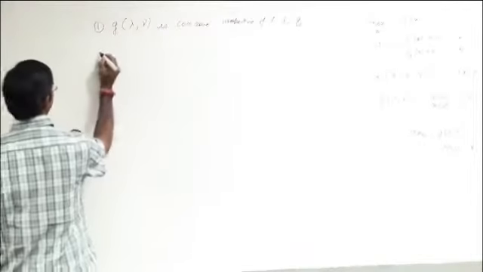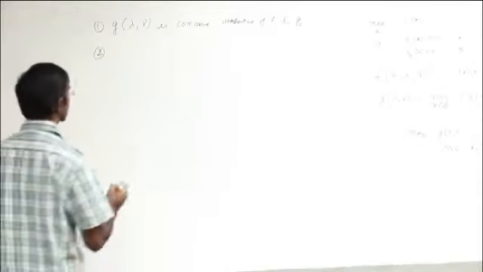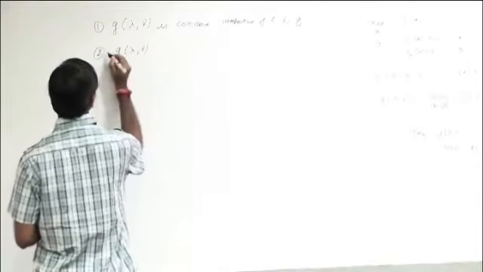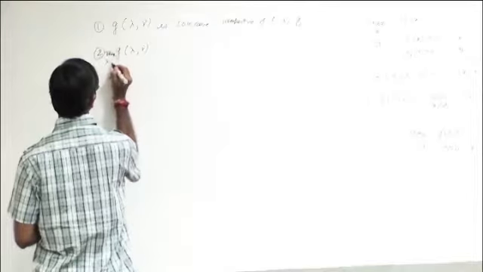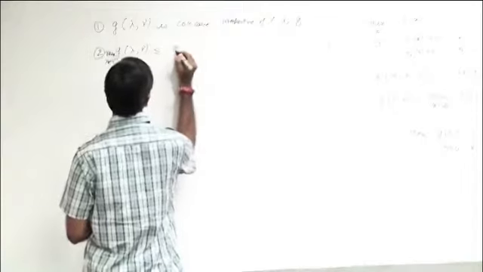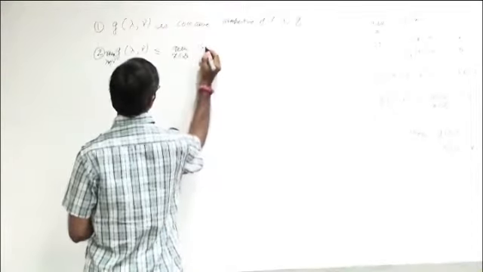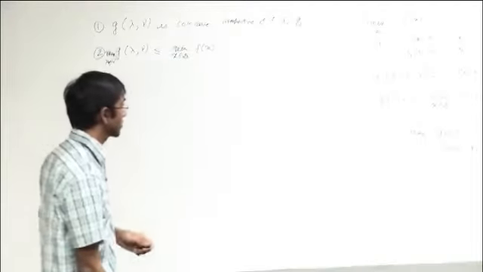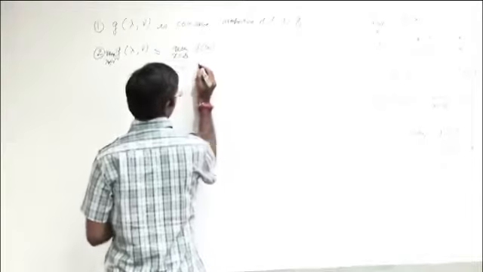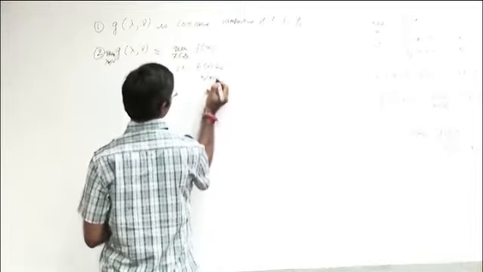Okay. And then the second property that we saw is that the maximum of g(lambda, nu) over all lambda greater than or equal to 0 and all nu is less than or equal to the minimizer of this, such that f_i(x) is less than or equal to 0 and h_j(x) is 0.